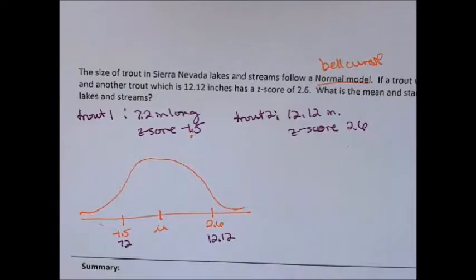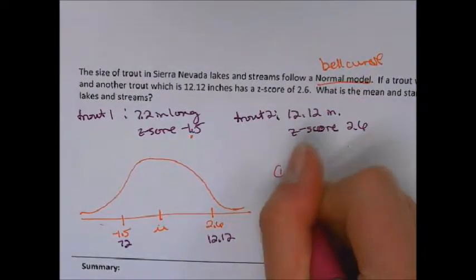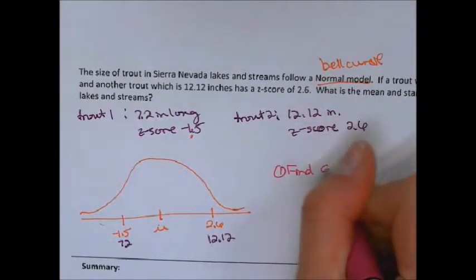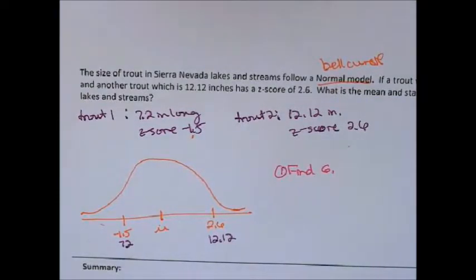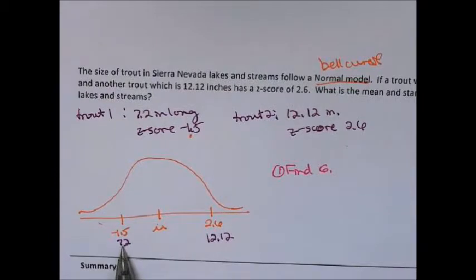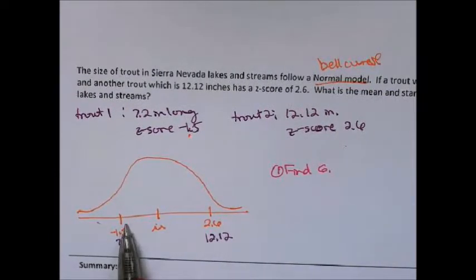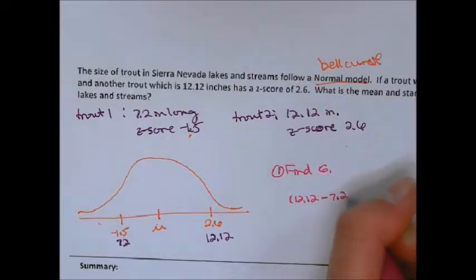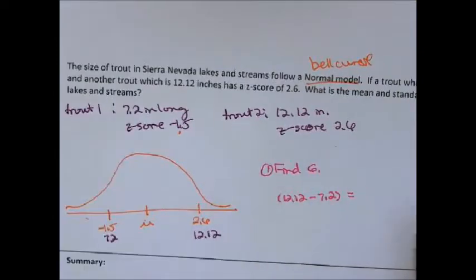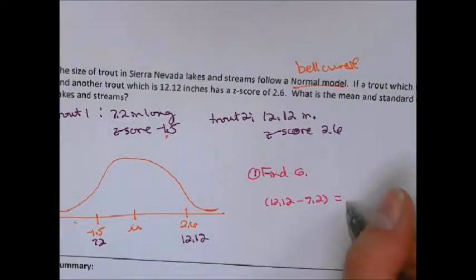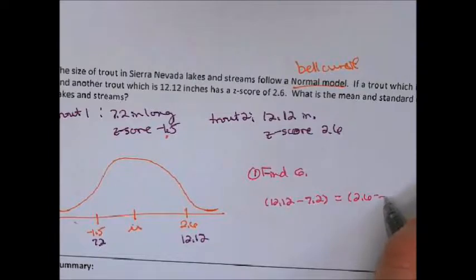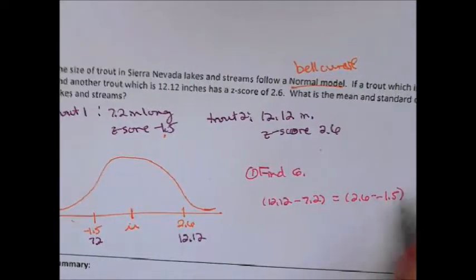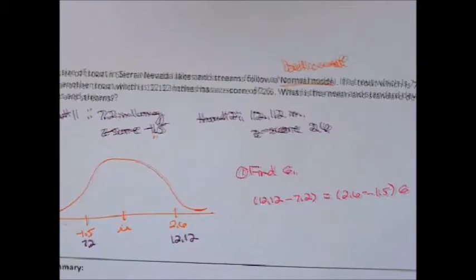So we need to find sigma first. Find our standard deviation. And we do this by saying, okay, this distance is this distance times our standard deviation. So 12.12 to 7.2 is the distance between my z-scores times my standard deviation.